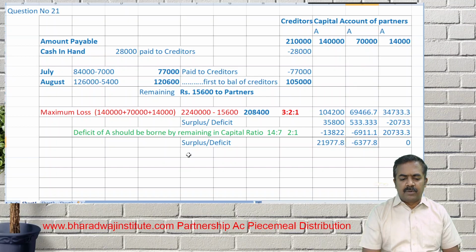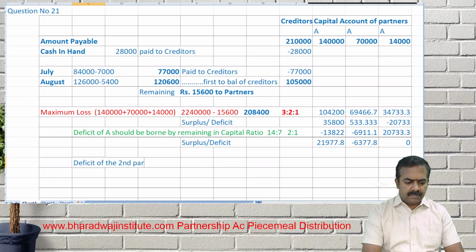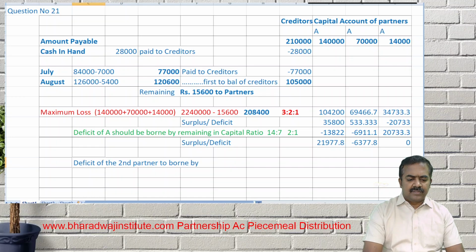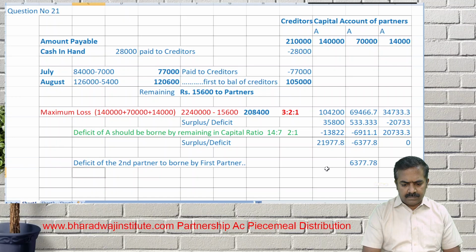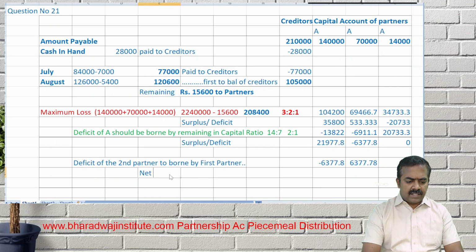That deficit should be borne by, the deficit of the second partner, to be borne by whom? First partner. After bearing all the deficit, net surplus is paid.